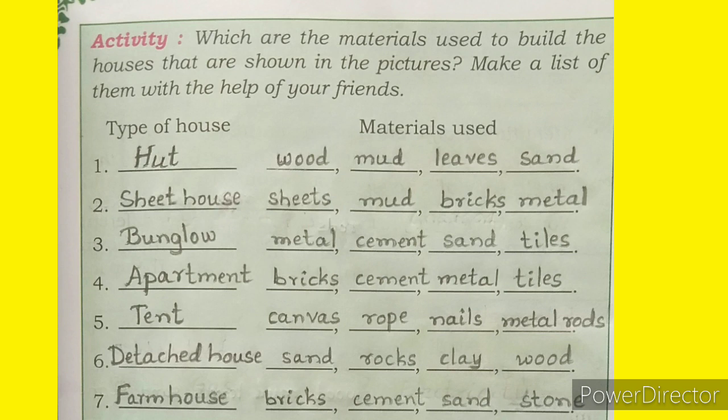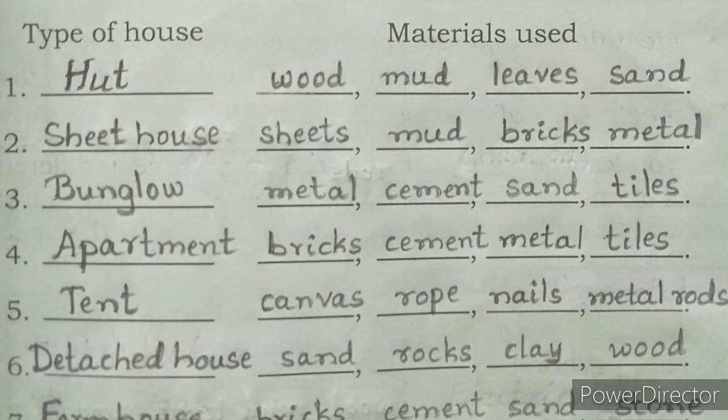Which are the materials used to build the houses that are shown in the pictures? Make a list of them with the help of your friends. Types of houses. First one, hut. So, to build a hut, what do you need?